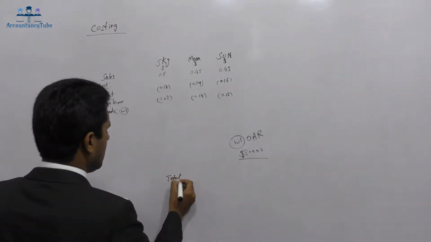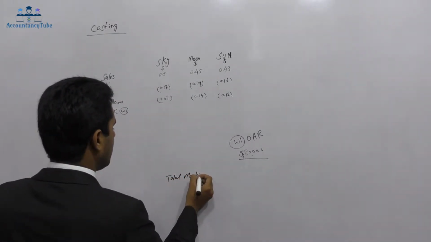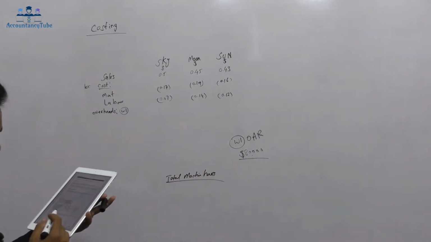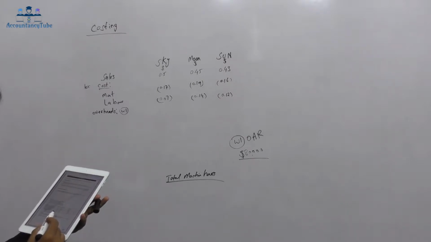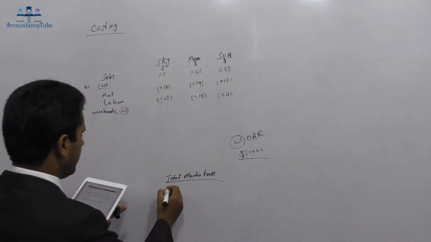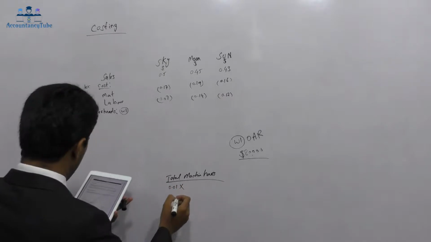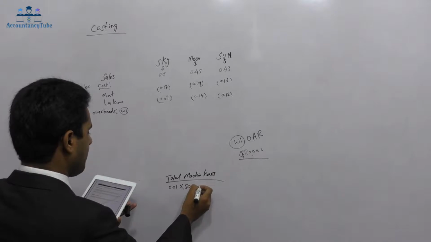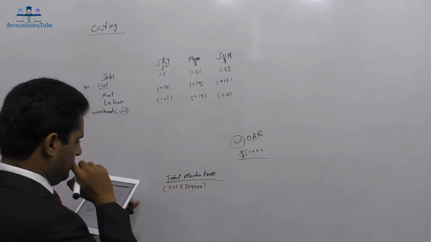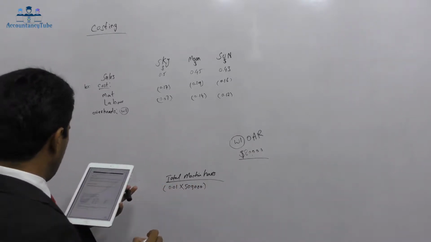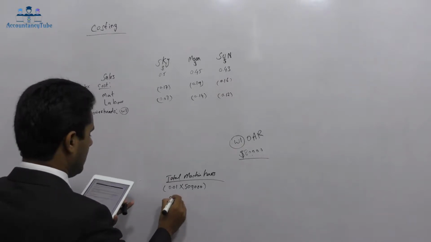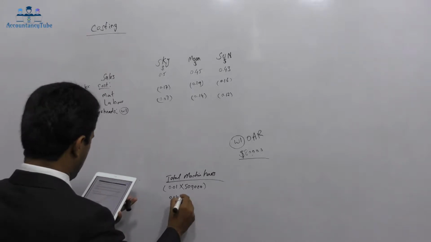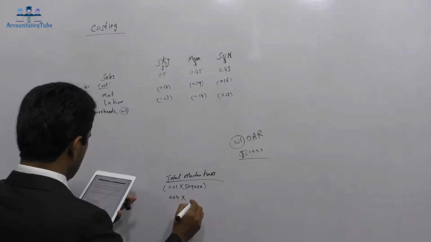So in order to calculate the total machine hours, we take the machine hours per unit for Skybar, which is 0.01, multiplied by the number of units, 500,000. Then we add 0.04 for Moneg multiplied by 150,000.